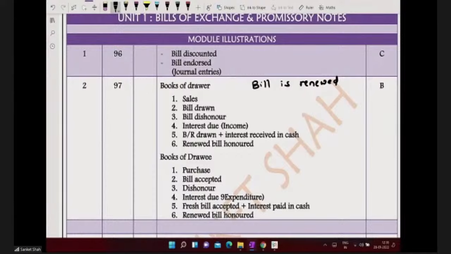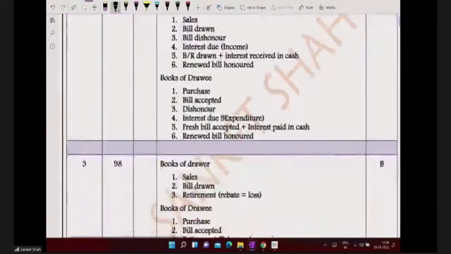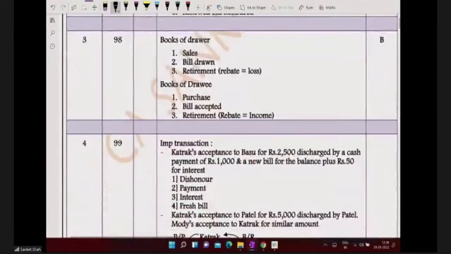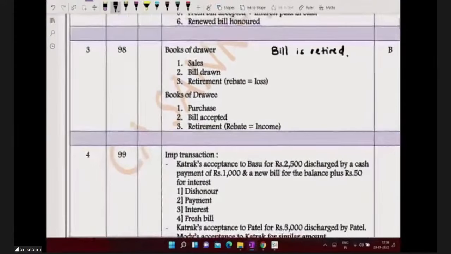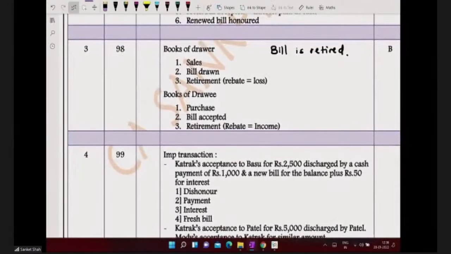So bill is renewed. And in next, bill is retired. In illustration number 3, bill is retired. Bill is retired.